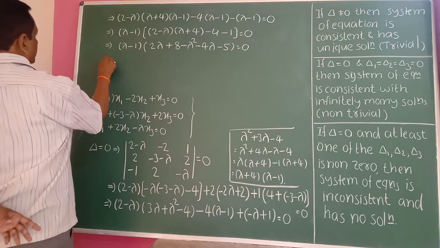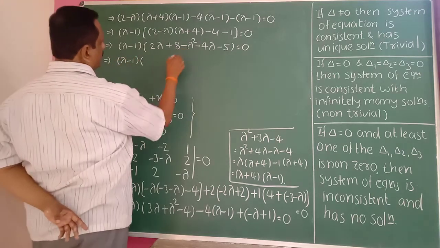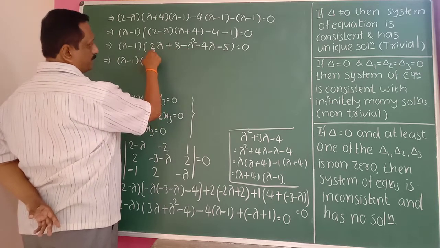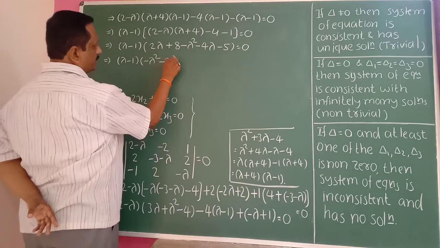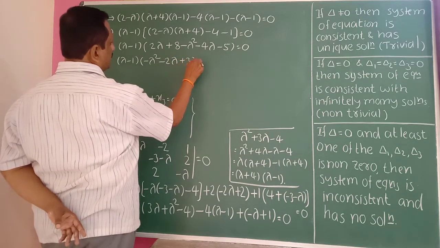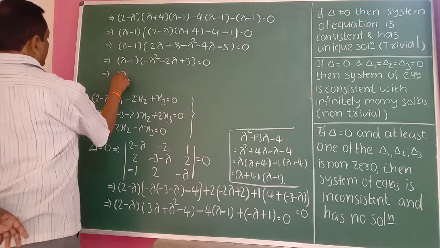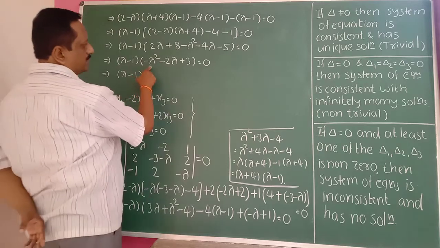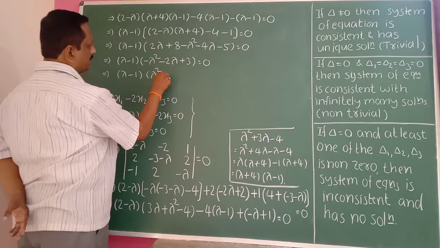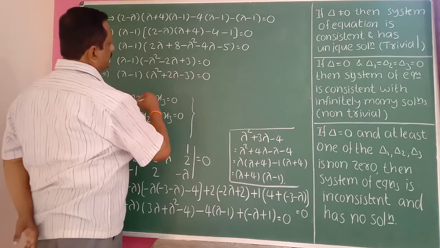So this implies lambda minus 1 into minus of lambda square minus 2 lambda plus 3, that is equal to 0. Take a minus common, take the minus to the right hand side, it becomes lambda square plus 2 lambda minus 3 is equal to 0.